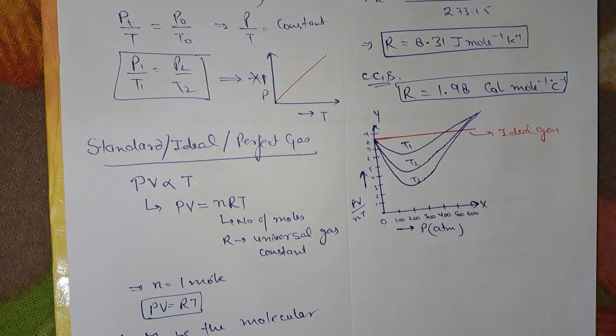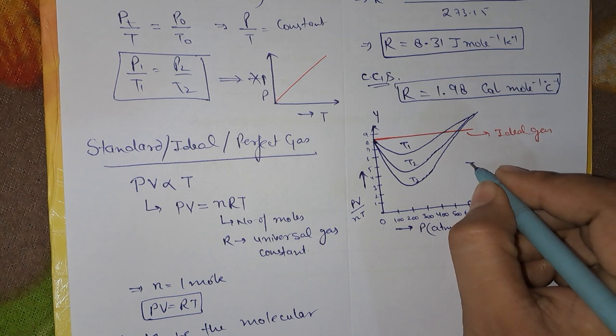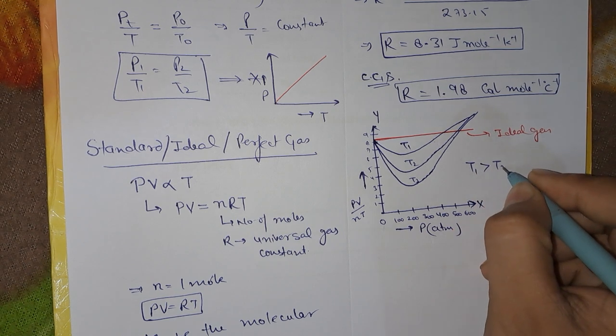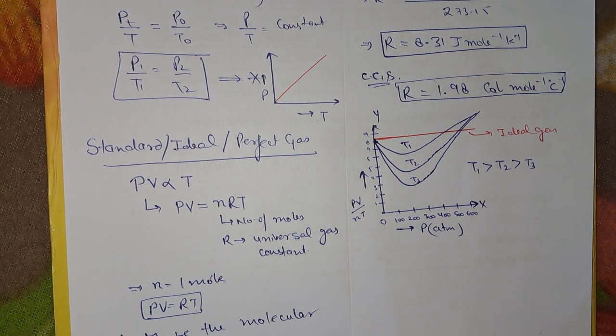There are three different temperatures at which the gases are being observed, where T1 is more than T2, and T1 is the highest among all three. So this kind of behavior is observed.